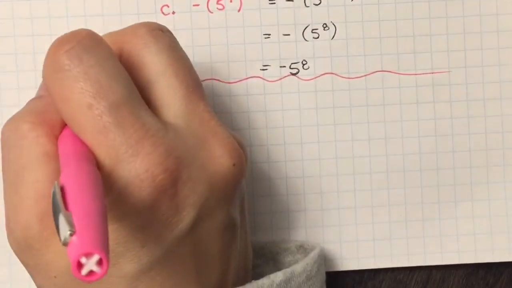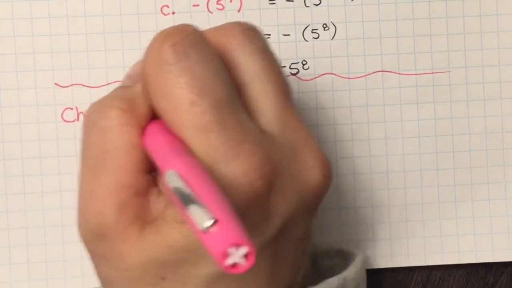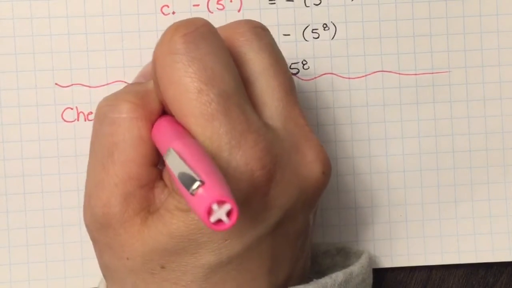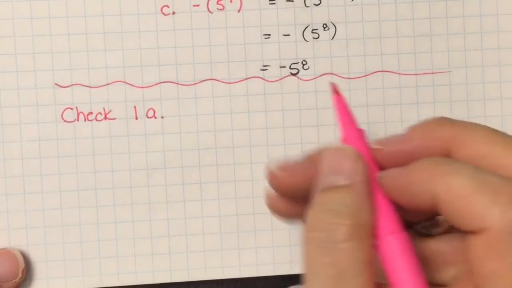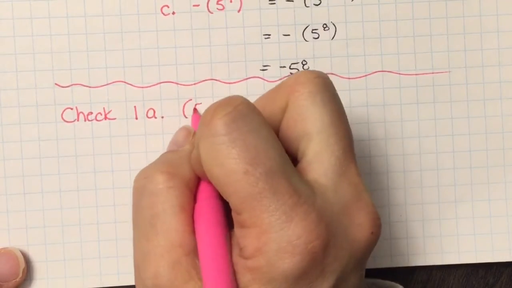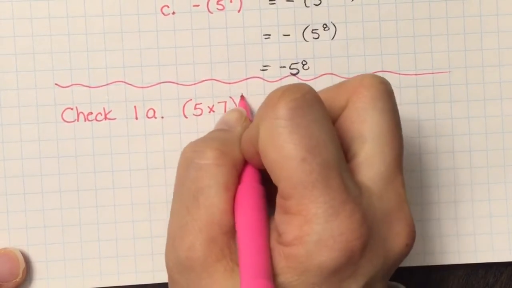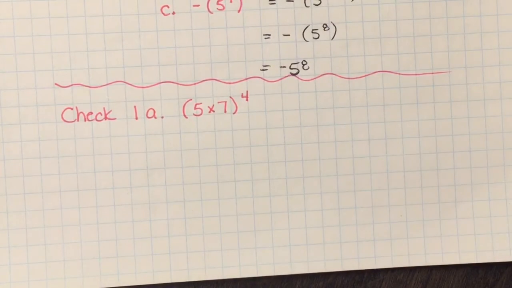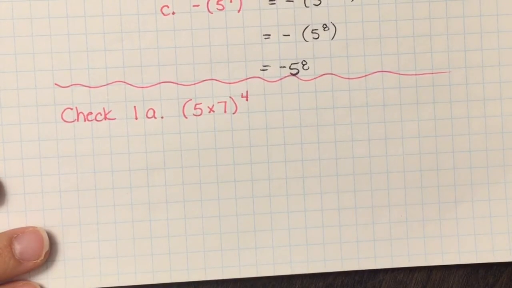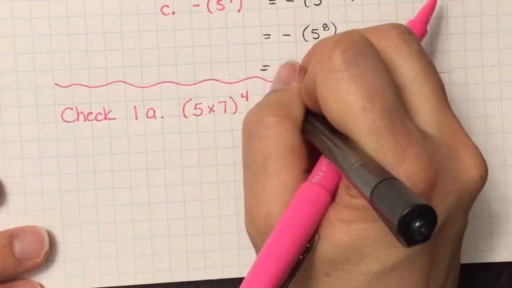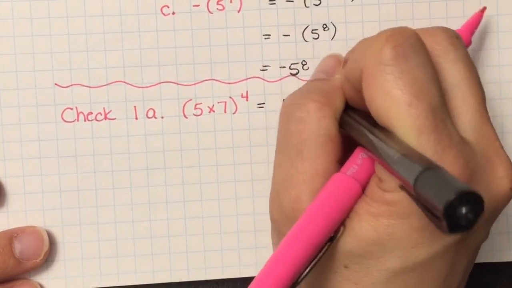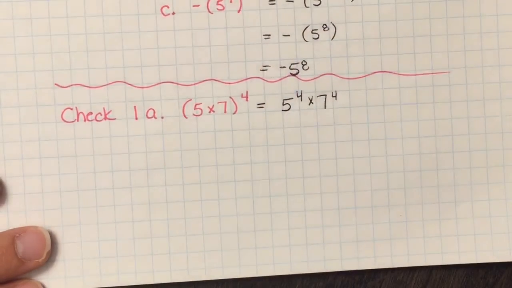So let's check out the check. Next page, check number 1A on page 85. So 5 times 7 to the 4. Let's just write this as a product of powers. What do you get? Awesome.